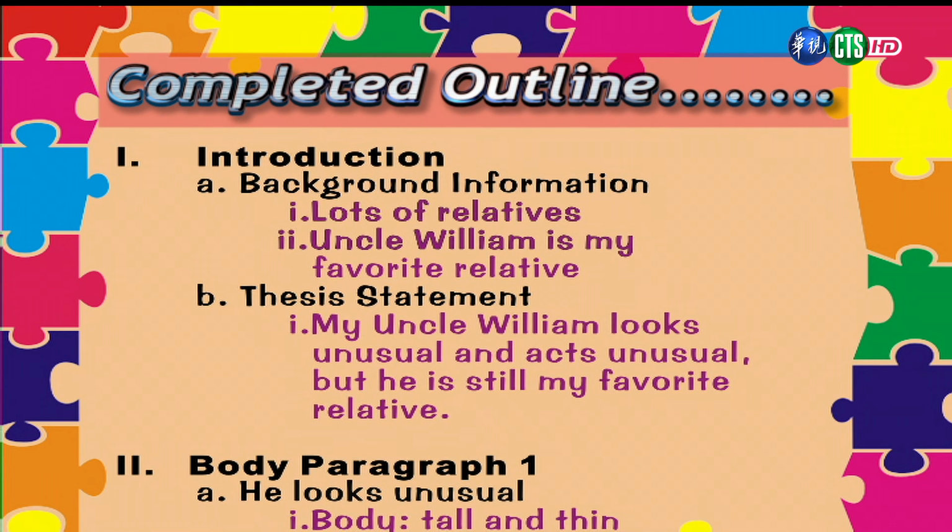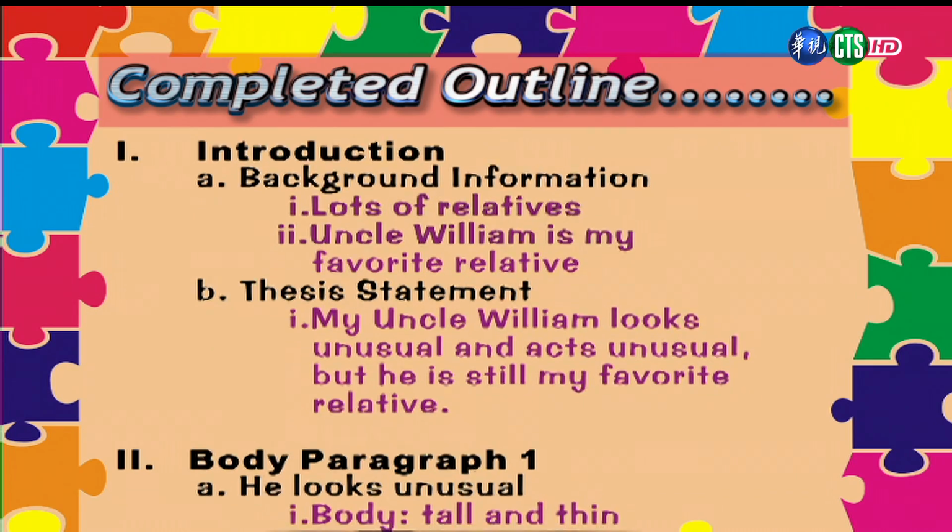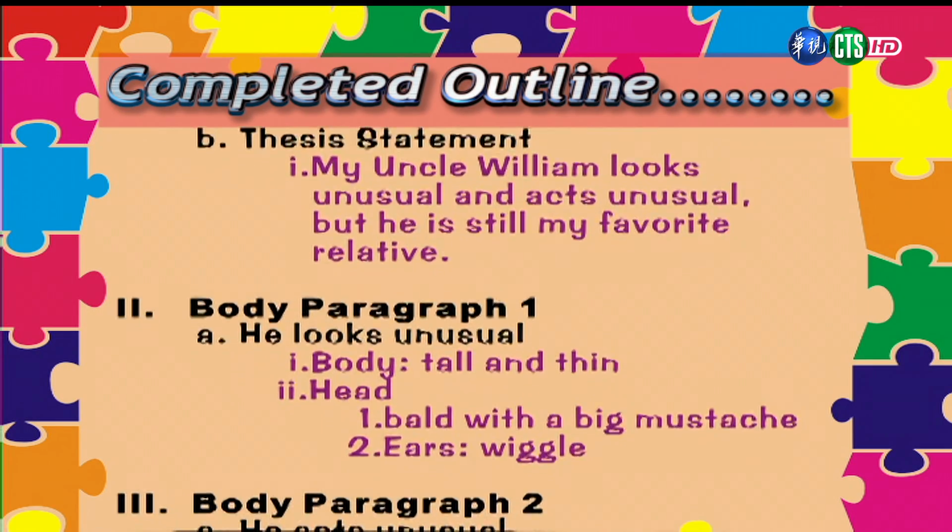Now you can see here we have a more complete example of an outline. Over here we start off by adding some more background material about the kind of relatives that you have. Then we still have the same thesis statement. Next we add some details to the body paragraphs.